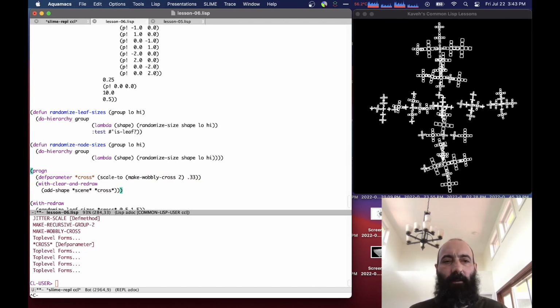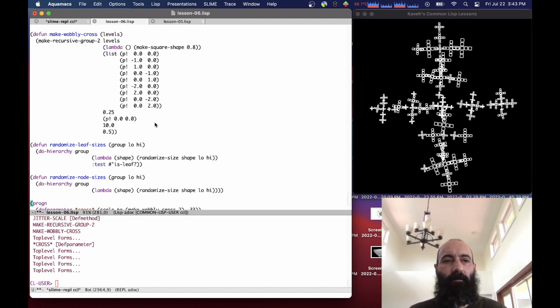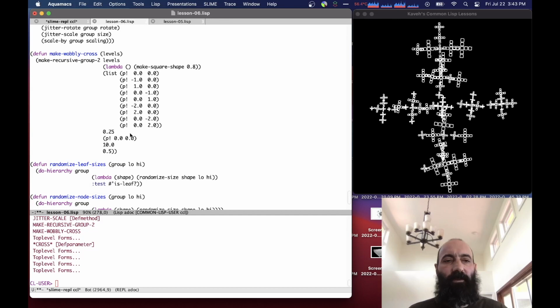So this is our Wobbly Cross, because we told it to basically jitter translation and rotate by 10. It does no jitter in translation, that's 0, but it rotates by 10 degrees, and it rotates every group and shape by between plus 10 and minus 10 degrees.